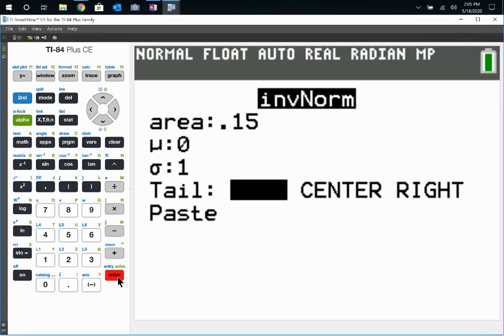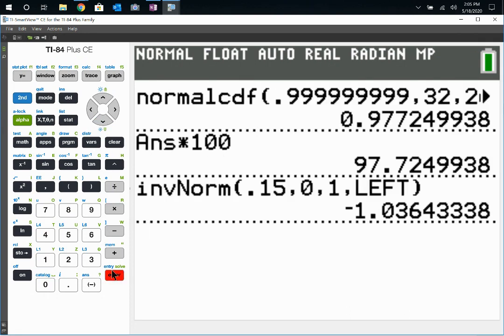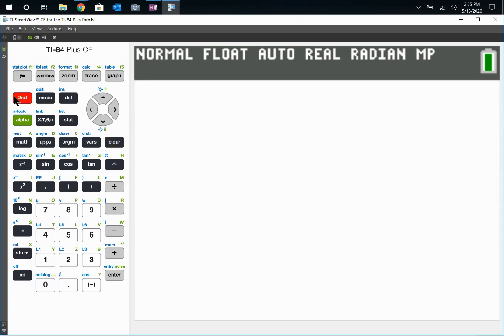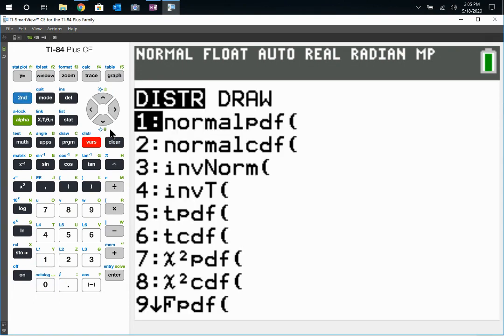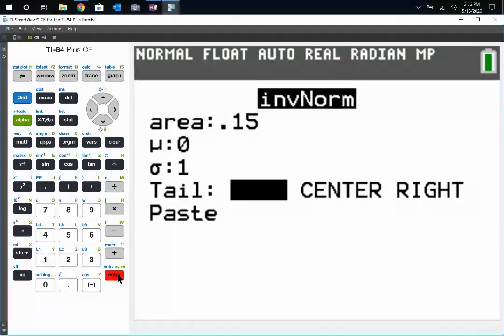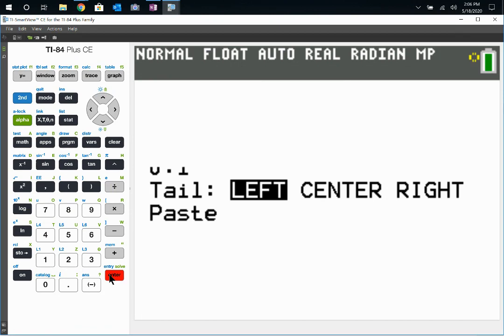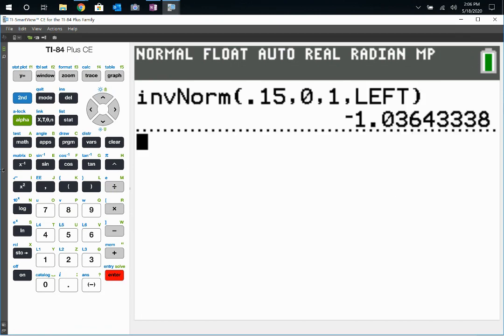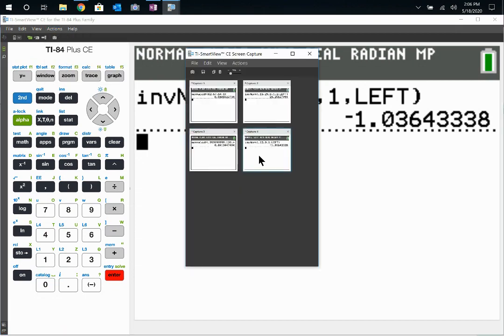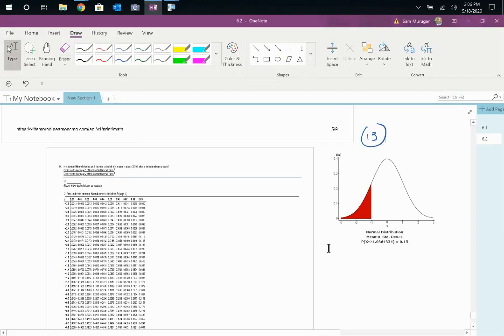It's a less than, so the tail is on the left. And get your answer, negative 1.04. Let me do this and clear it up again. Second distribution, so I can copy this screen for you, right? Inverse norm, enter, enter, enter, enter, enter, enter. And you get exactly the same answers as if you were doing this in StatCrunch, yeah? So 2 ways to get the answer for this question.